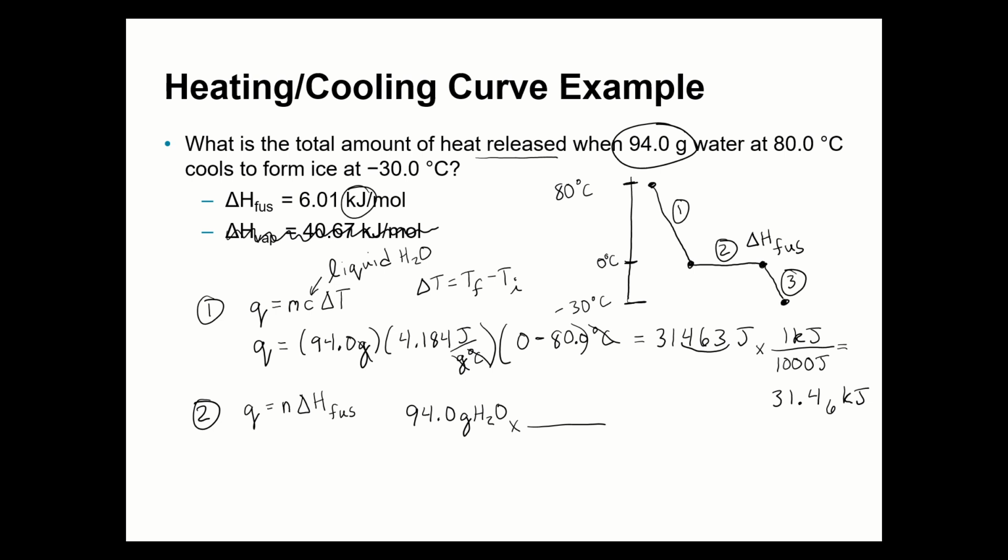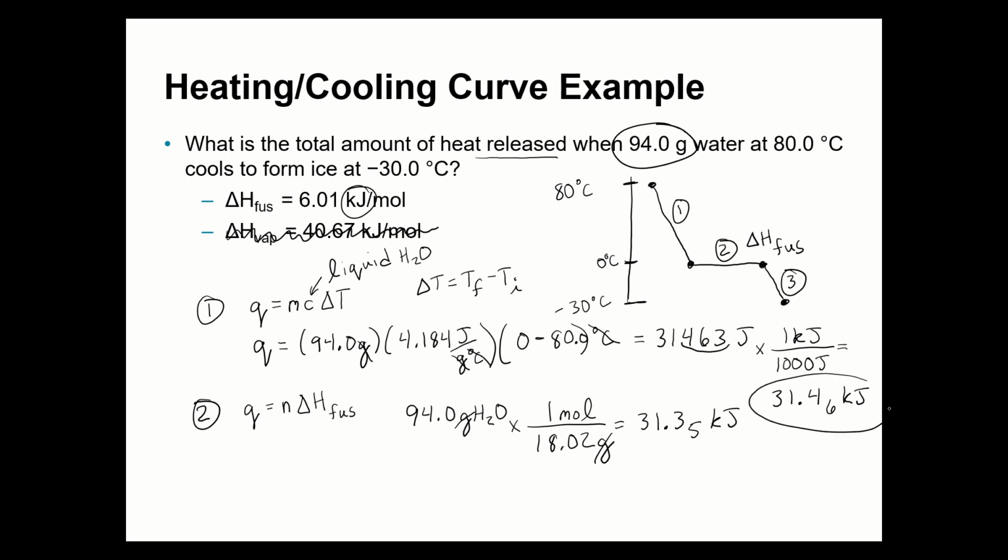And the molar mass of water is 18.02, and we do need to divide by the molar mass so that those grams cancel out and we're left with moles. Again, 3 sig figs for this as well, and we should get 31.3, and we'll keep 1 extra digit until the end, so that's a 5 afterwards, and kilojoules.